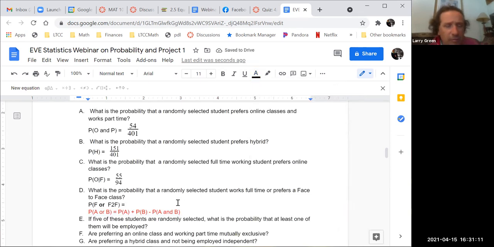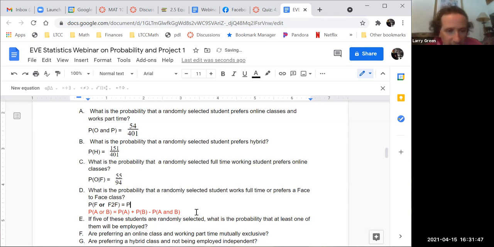And the reason why this works is for either A or B to happen, well, if we add all the things that happened from A to all the possibilities for B, then it sounds like A or B, except that we might have double counted. So if it's in both A and B, we've double counted in the first term and the second term. So that's why you've got to subtract the double counters. And the probability of A and B is the double counts. Any questions at all on this idea?